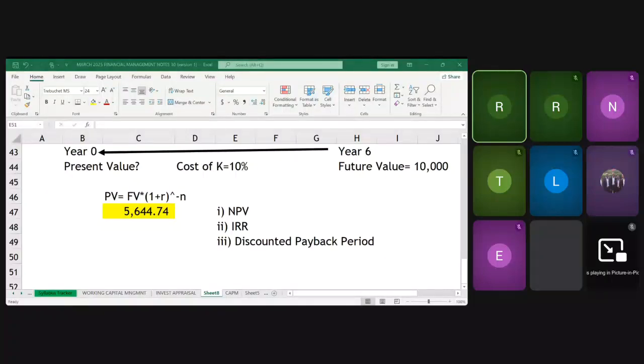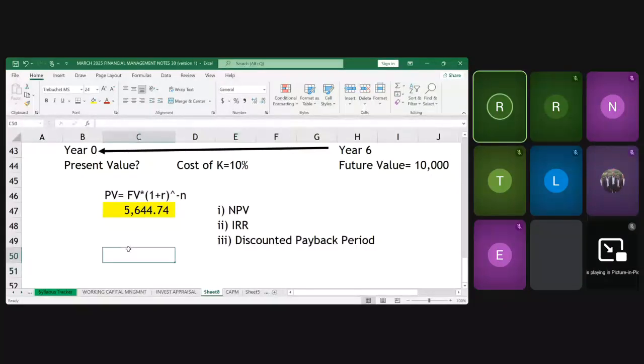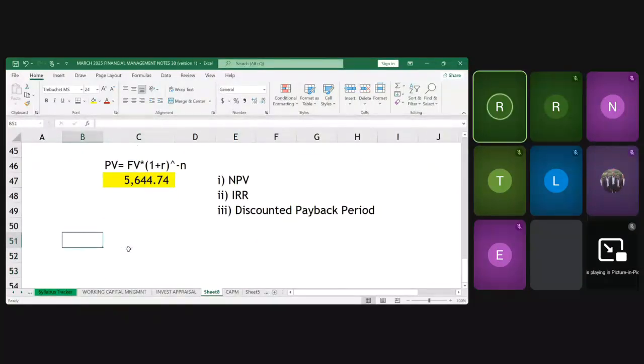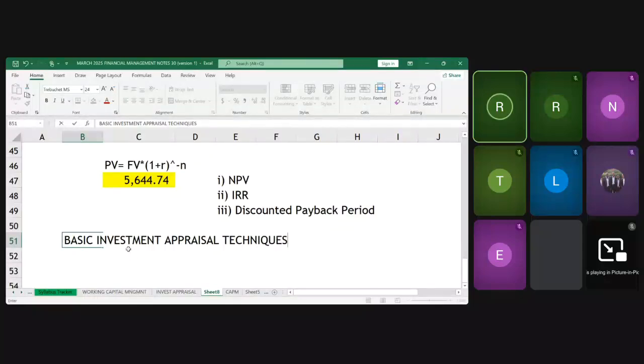All right. Let us now jump into the basic investment appraisal methods, the basic investment appraisal techniques.